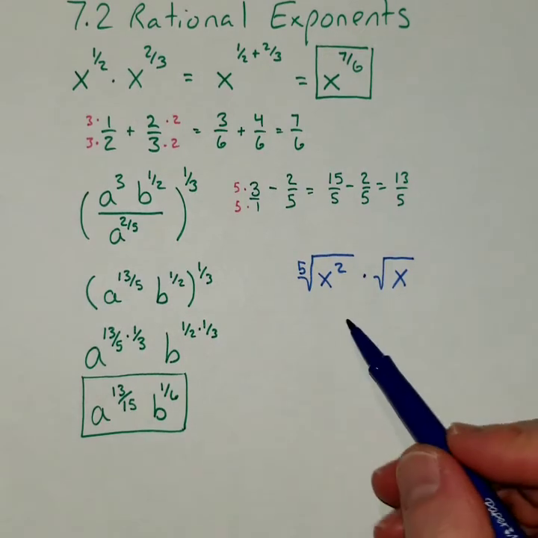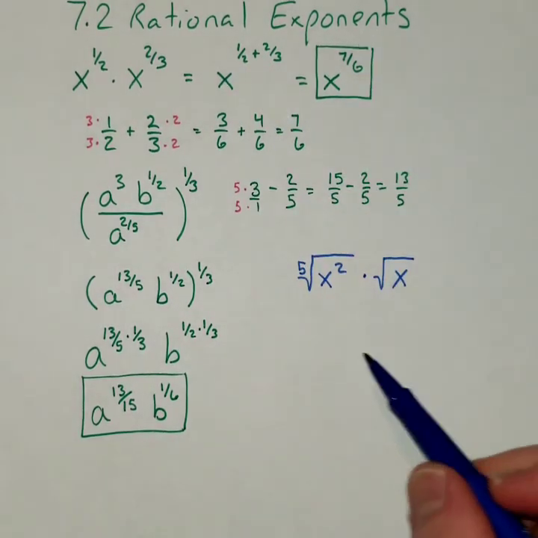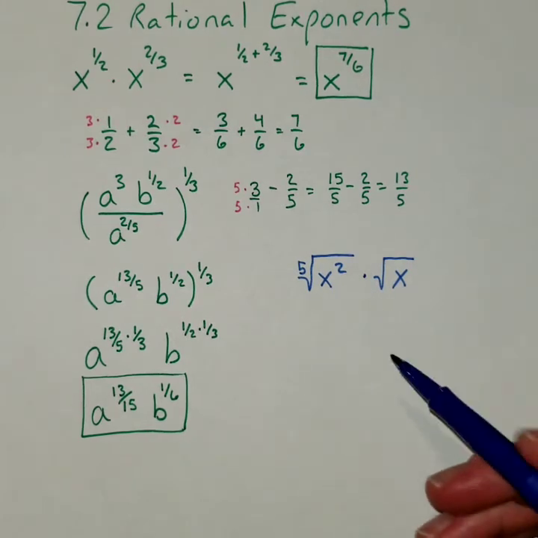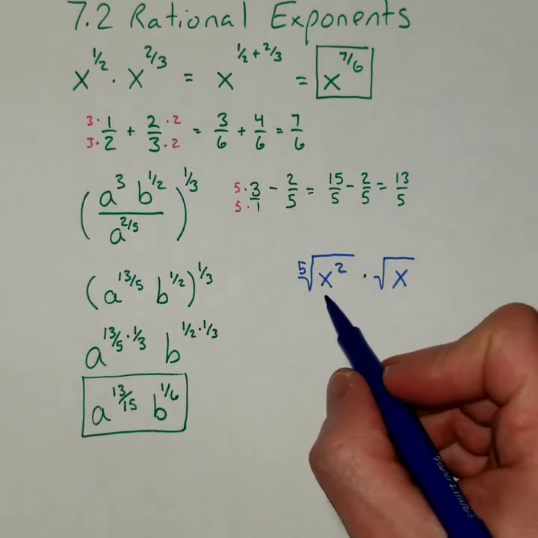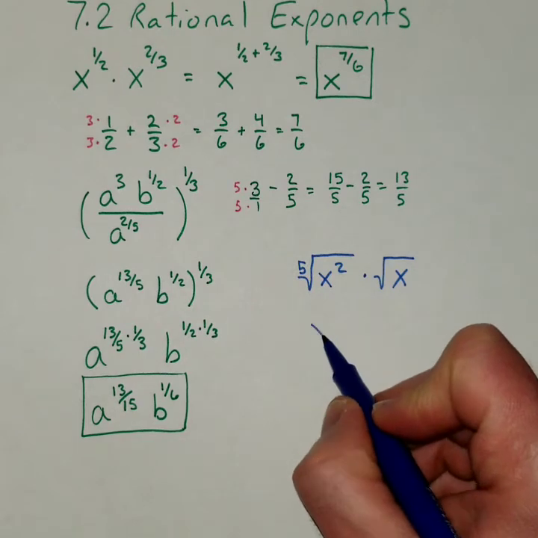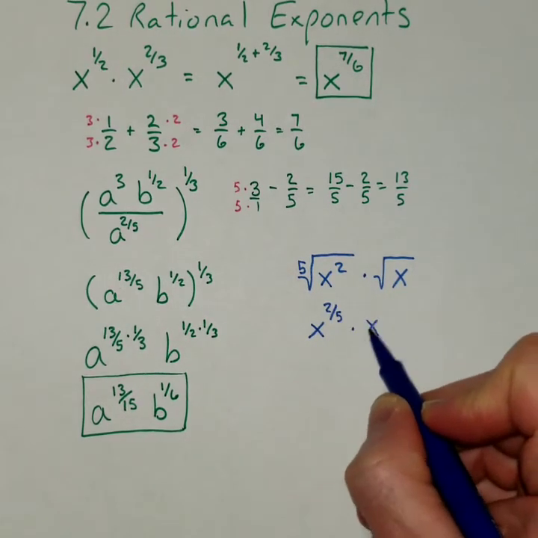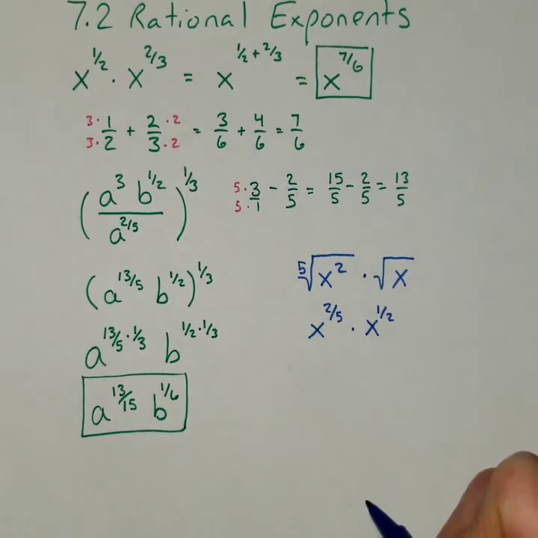And what I'm going to do is use then the rational exponents to try to simplify this thing. It doesn't look like they simplify because they're different roots. But if I use the fraction idea to convert this to x to the 2/5 times x to the 1/2, right?